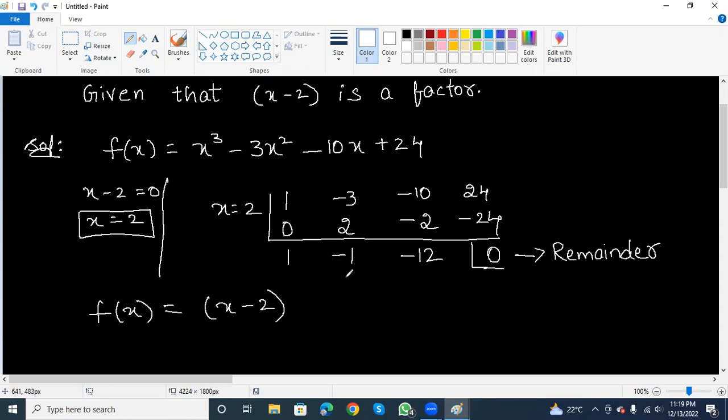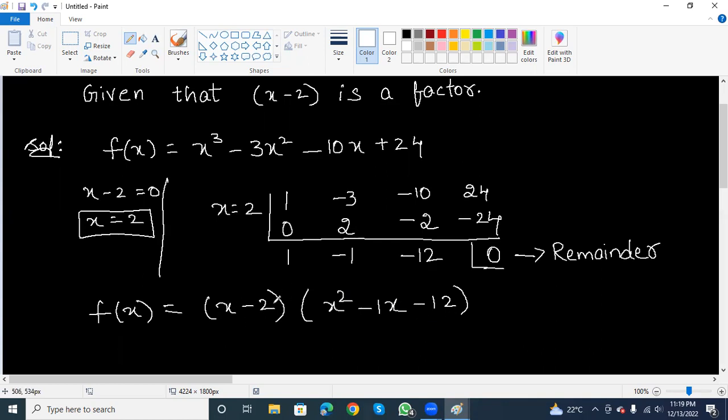Quadratic polynomial means the degree 2, right? So, it will be in the form of ax square plus bx plus c. So, now ax square means 1x square, which is nothing but x square. Plus bx, so minus 1x, b is minus 1 here. Next, c is minus 12, the constant term.